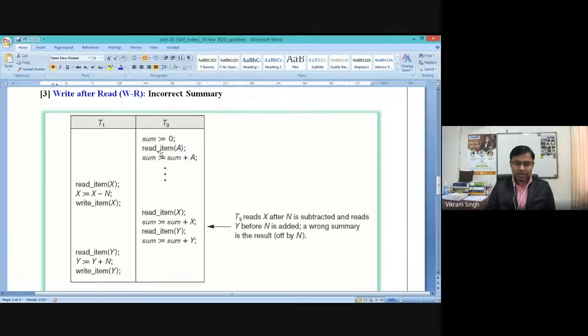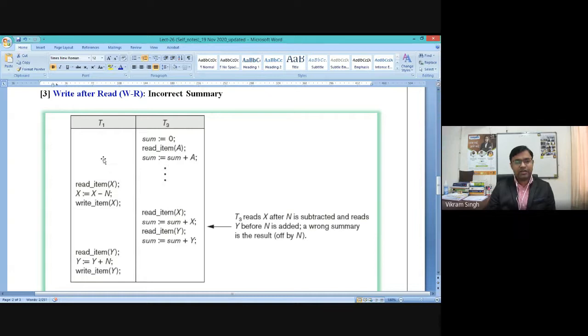This summation keeps going on for different steps, and eventually it is creating a summary of sum plus X, right? So it is adding all the variable values from A to X into the variable sum. In between, there is a change in the value of X due to the T1 transaction.